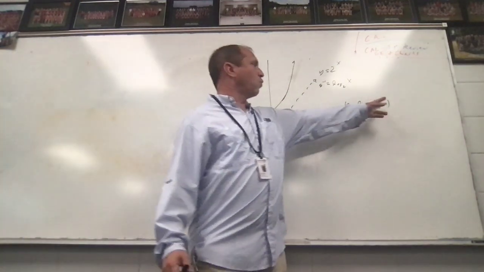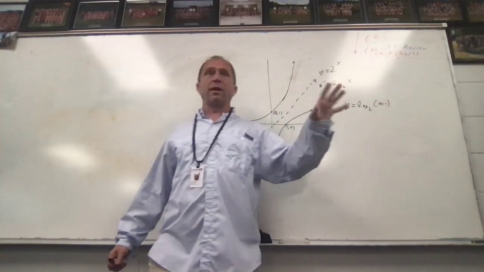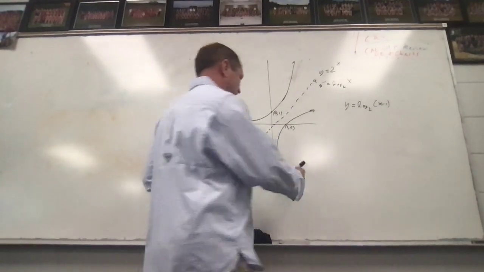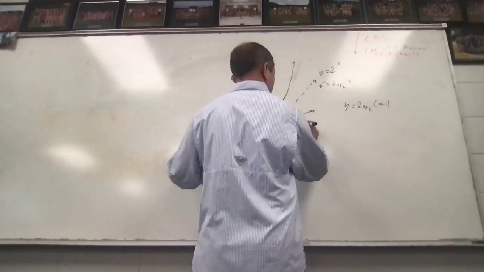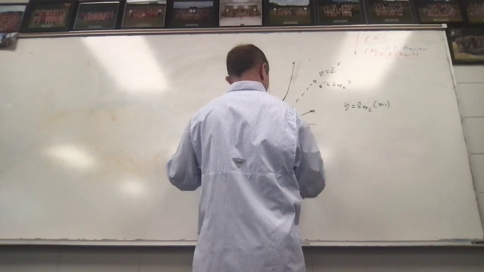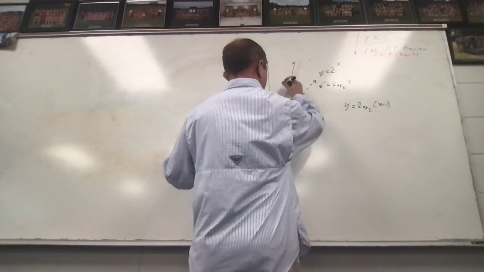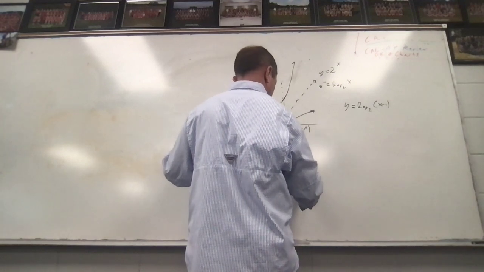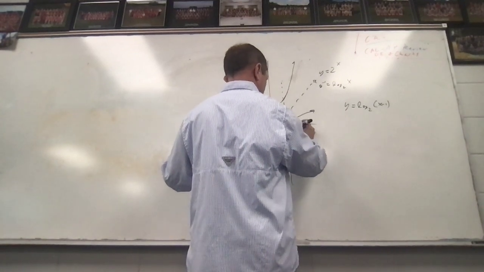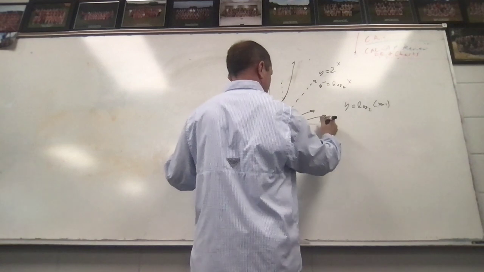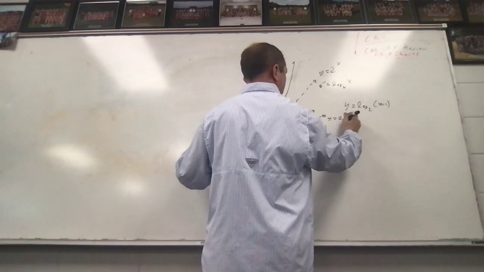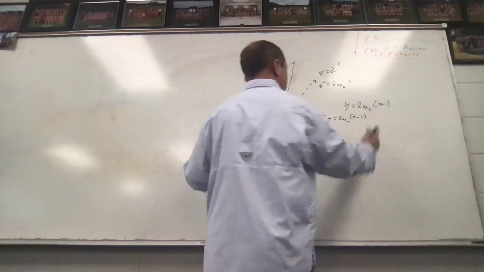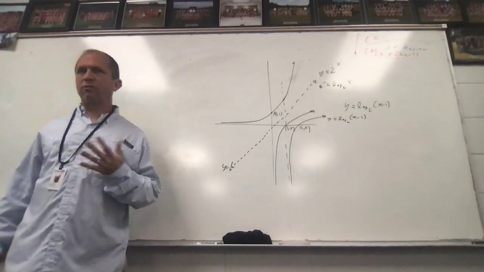What has this minus 1 here been doing to graphs throughout the semester? It's going to move to the right one. So I'd go through the point 2, 0 here, and I would have a vertical asymptote here. And this would be y equals the log base 2 of x minus 1. So again, just a shift to the right.